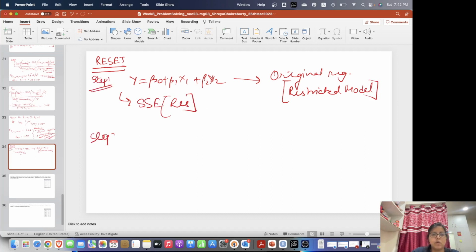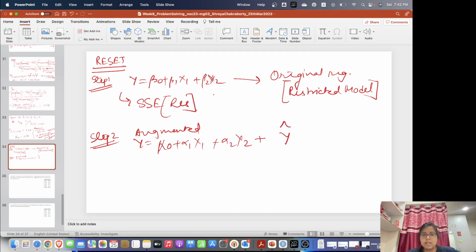Then step 2 will be to fit an augmented model. Apart from the usual regressors, we would also fit the y predicted values, so we'll just fit the square terms and cube terms.